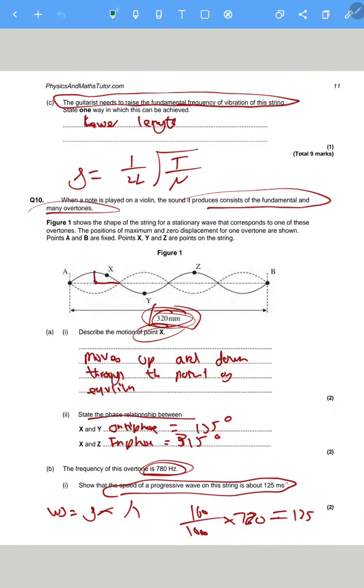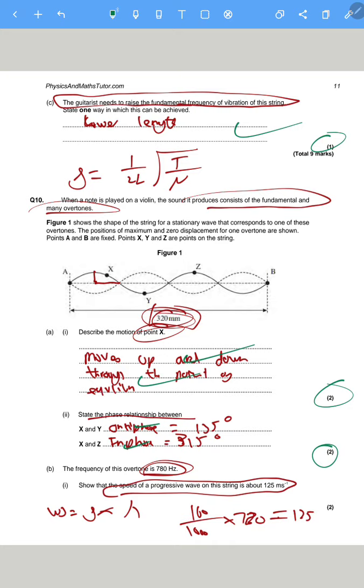So decrease the length, increase tension or tighten the string. Decrease length. Oscillate or vibrate, and goes up and down across equilibrium. Move up and down through equilibrium. Perfect. Antiphase. I got the degree wrong, but antiphase. And in phase. I also got the degree wrong, but it doesn't matter because that's the part which is mentioned in bold.